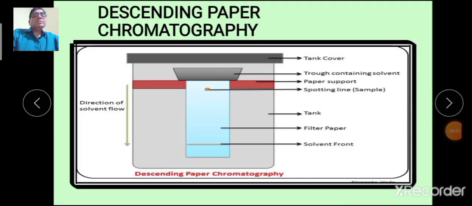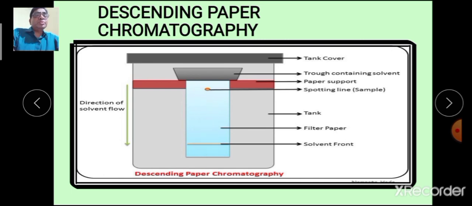Here you can observe the variety descending paper chromatography. Here the solvent is kept at the top and the spotted line, that is the line of application, is at the top, and the edge of the paper just touches the solvent, and thus the solvent flows through the paper due to gravity and capillary action in the downward direction.